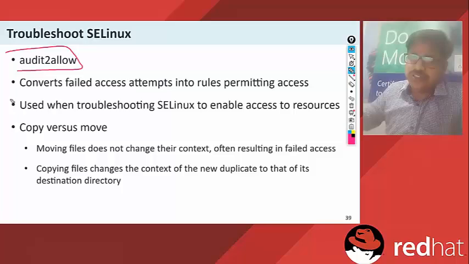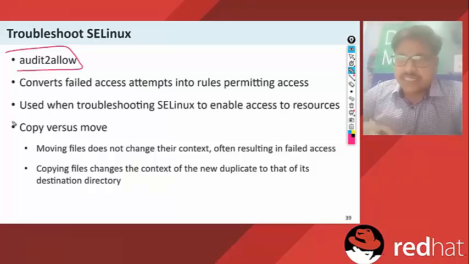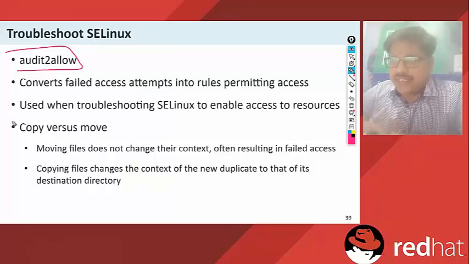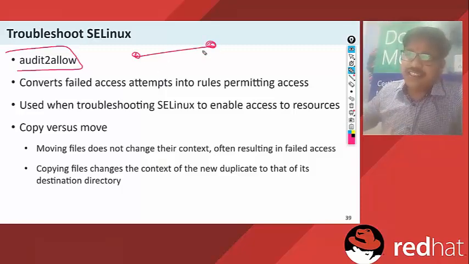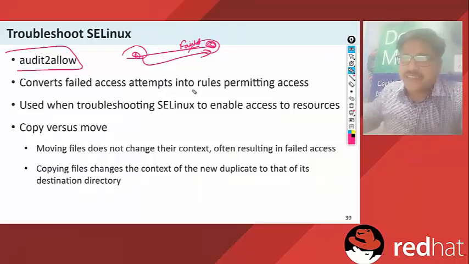The audit2allow command is used for checking the auditing of SELinux. It converts failed access attempts into rules permitting access. There are lots of failed access attempts, like this person wants to access this resource and it fails. So you can enable it, so next time this person can access this resource. It is called converting a failed access attempt into a rule permitting access.